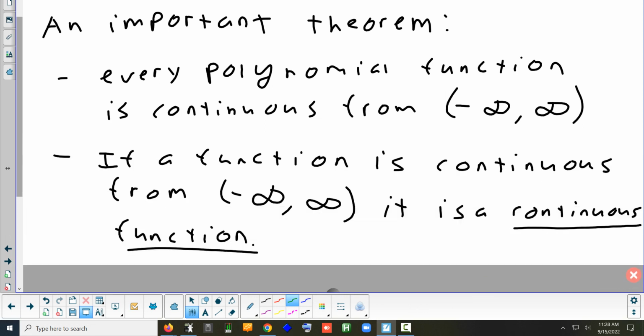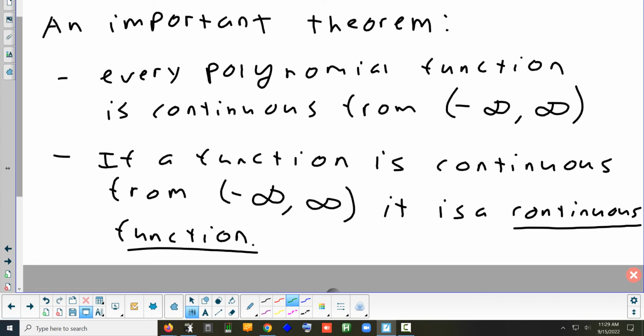That's called a continuous function. A continuous function doesn't just mean that there's a small section you could draw without lifting your pencil. It means the whole thing can be drawn without ever lifting your pencil. In fact, in a polynomial, it is impossible to find a section that is discontinuous. There isn't one. It's continuous everywhere.